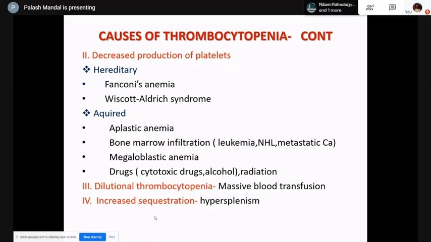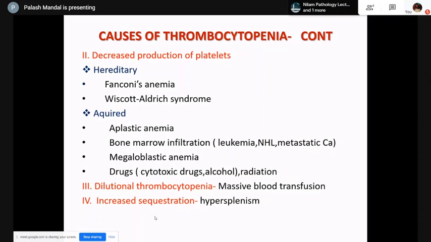The process of the destruction of the cells after their senescence, that is, once the cells have come to their end by age, the spleen, which is also known as the graveyard of the blood cells, takes over the function of destroying these cells.